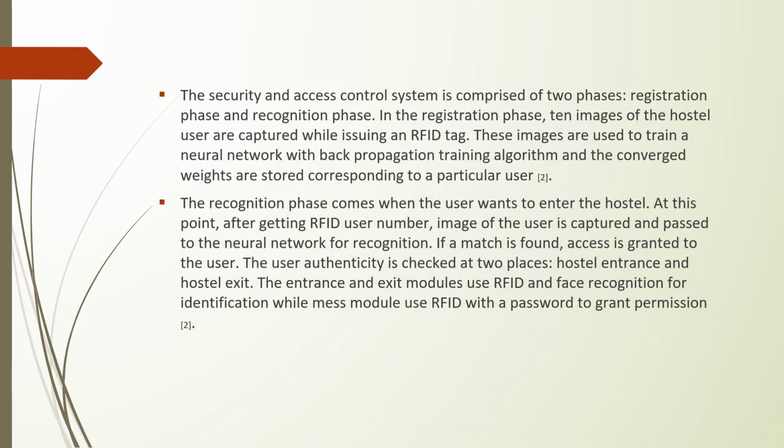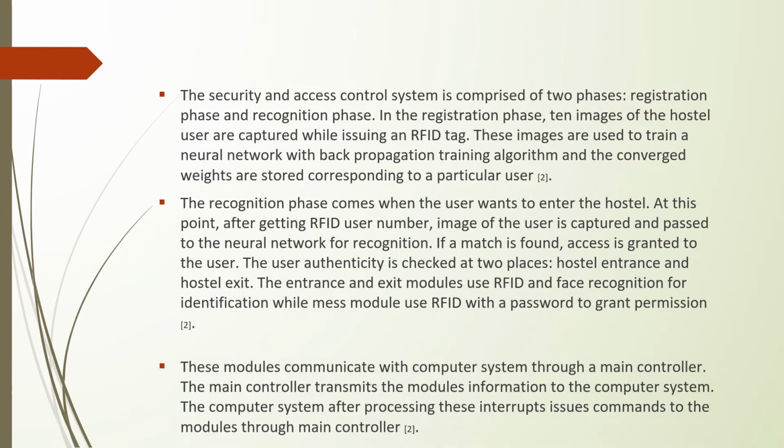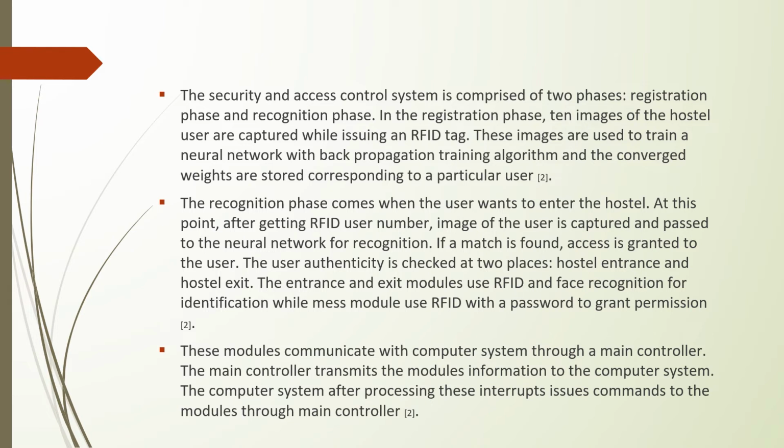Now I will tell you about the authentication system. Here the security and access control system comprises two phases: registration and recognition. In the registration phase, 10 images of a hostel user are captured while issuing the RFID tag, and the images are used to train a neural network with a backpropagation algorithm, and the converged weights are stored for that particular user.